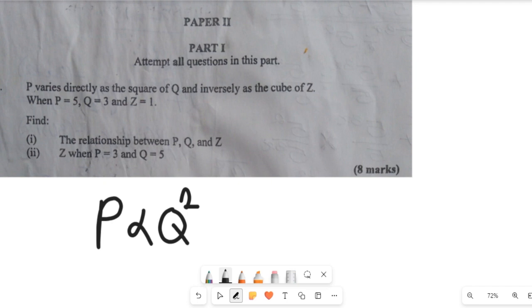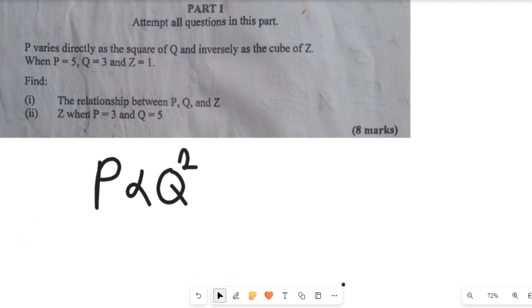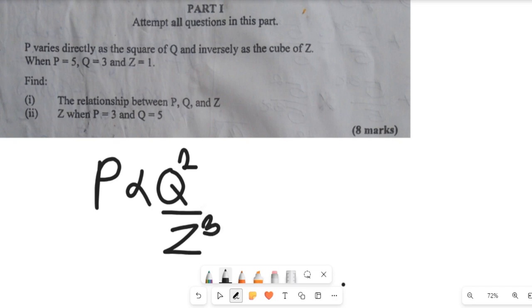And as this decreases, this will also decrease. And the question says both of them are inversely proportional to the cube of Z.